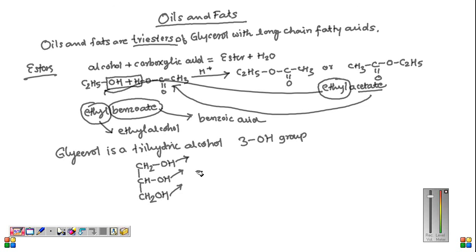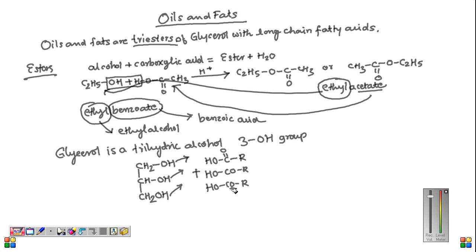This glycerol is esterified with three molecules of a long chain fatty acid, long chain carboxylic acids having an even number of carbon atoms. They are called fatty acids. RCOOH is a long chain fatty acid, one molecule; this is the second molecule, RCOOH; this is a third molecule.